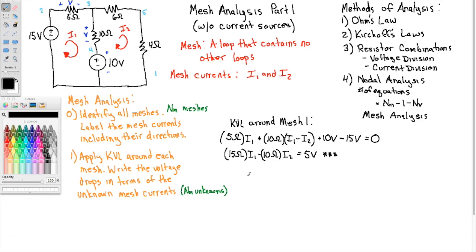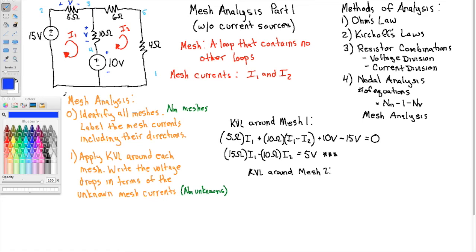Alright, now let's do a KVL around mesh 2. Okay, and I'll start at the top left of the mesh, which is node 3. And I'm going to go in the direction that I've chosen for I2, which is clockwise. So the first thing I get to is this 6 ohm resistor.